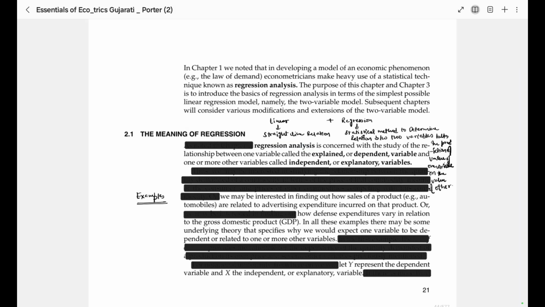Okay, so linear regression analysis, as it says, is concerned with the study of the relationship between one variable, that is called the explained or the dependent variable, and the other variable, that is independent or explanatory, or unexplained variable, you can say.